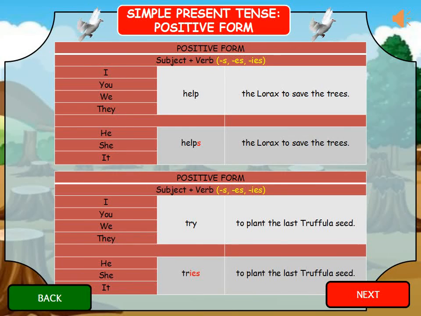Therefore, it becomes he tries to plant the last circular seed, or she tries to plant the last circular seed, and the same thing goes with it tries to plant the last circular seed.